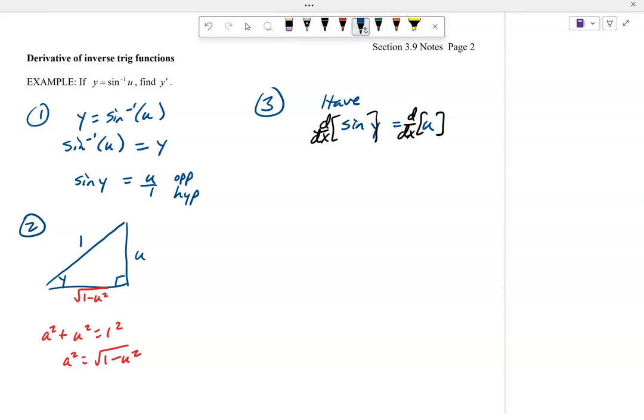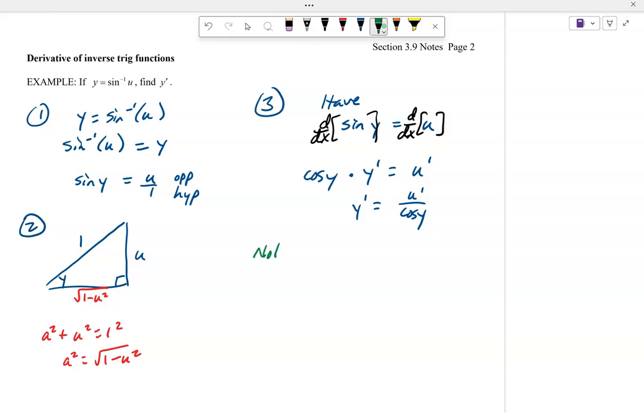The derivative of the sine is the cosine of y times dy/dx, so times y prime, equals, over here, the derivative of u, which by the chain rule is u prime. If I'm solving for y prime, the derivative of y equals u prime divided by the cosine of y. Now, what is the cosine of y?